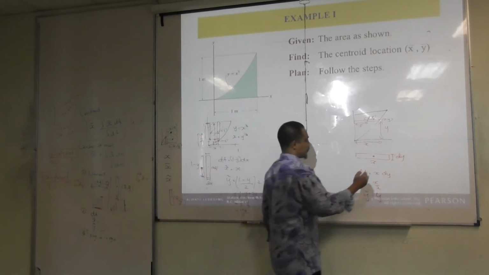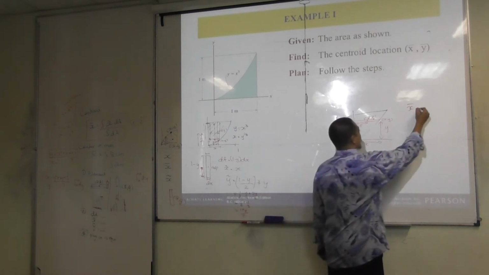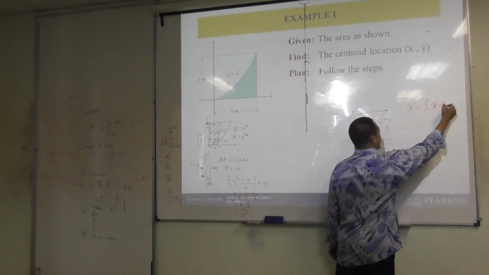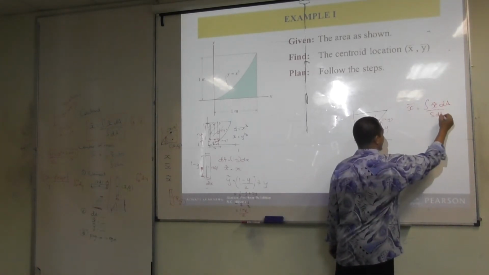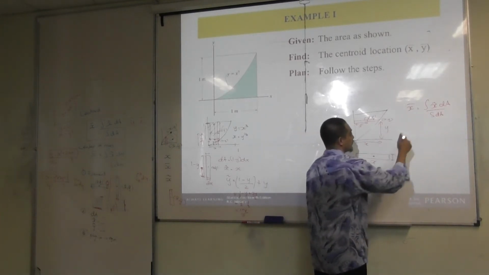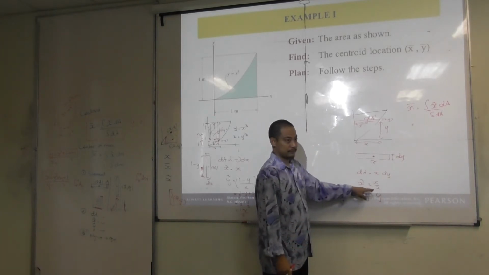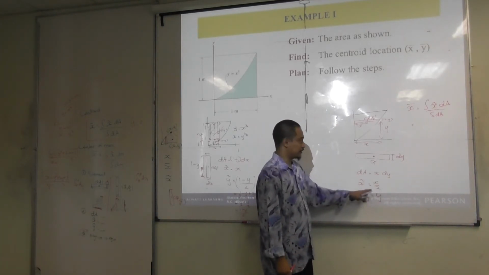If I have to solve for x, it will be the integration of x dA over the integration of dA. This is exactly the equation there. Now we want to plug in. So for x wave here, you just plug in whatever you have written here.